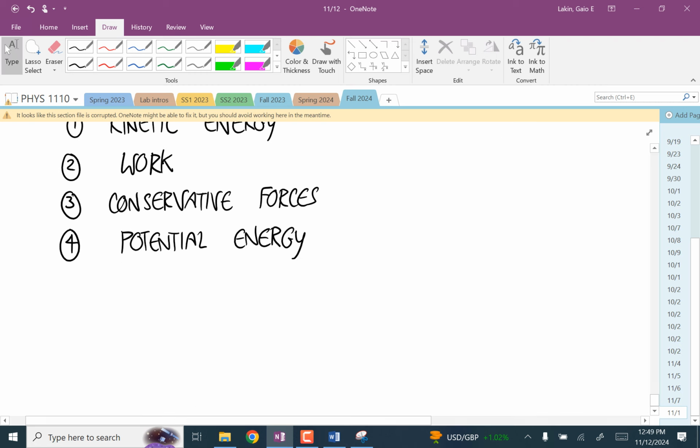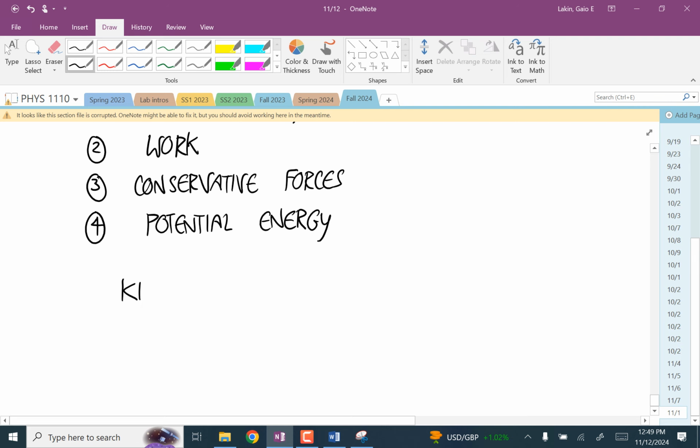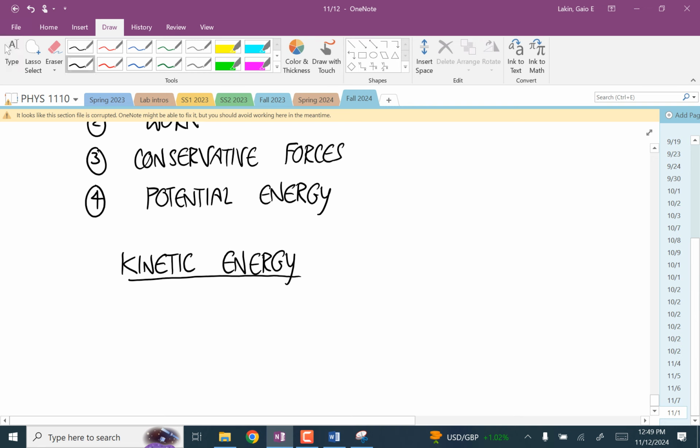Okay, so the first one is kinetic energy. So this is an amount of energy that an object has at a single instant.